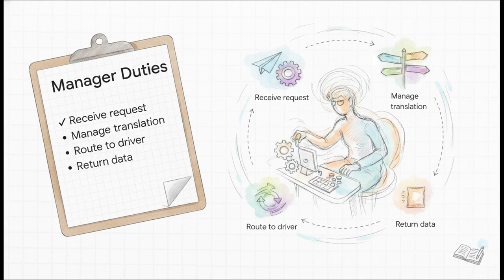Then it immediately manages the whole translation process. Third, and honestly this is the crucial part, it swiftly routes that request to the specific database driver that perfectly matches the target database. And finally, the very second the database answers, boom, the manager fires the translated data right back to the application. By simulating these processes, we're basically stepping into the shoes of the middleware components as they juggle these non-stop, high-speed requests.